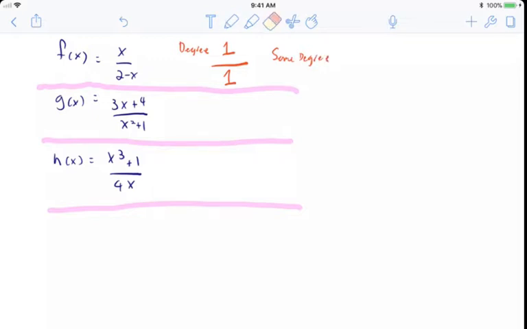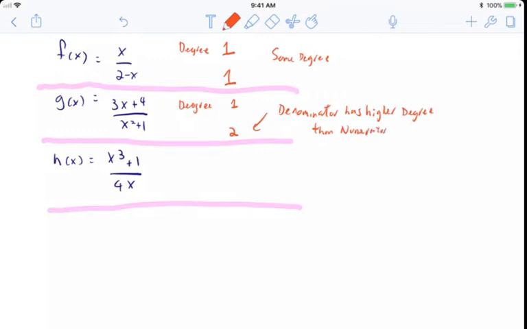Maybe it won't let it, we're not dividing them. In the second one, the top has degree 1 and the bottom has degree 2. In this one, the denominator has higher degree than the numerator does.